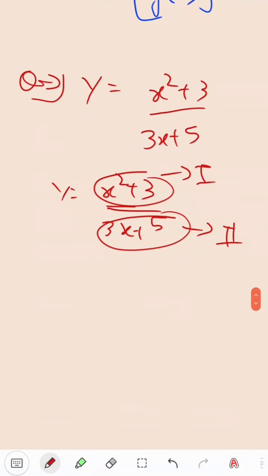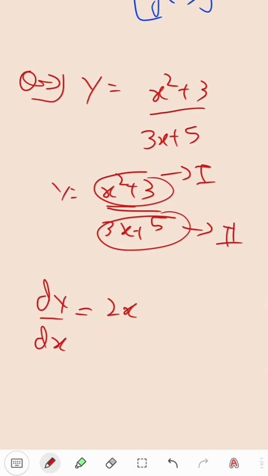Okay, so y dash, which means dy by dx, is equal to the derivative of the first function, which is 2x plus 0, because the derivative of x square is 2x and the derivative of 3 is 0.